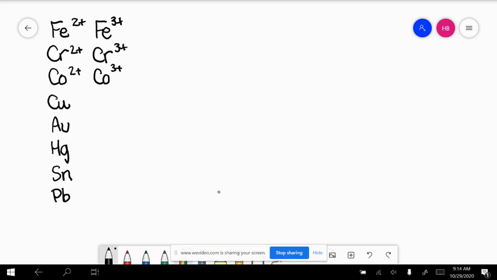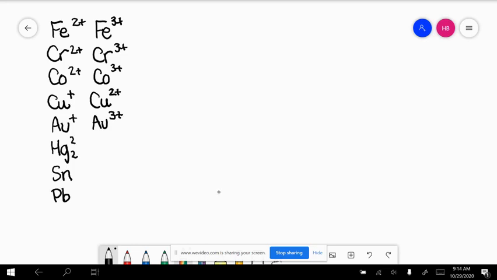Copper is part of the lowest L, meaning that it can have a +1 charge or a +2 charge like the rest of the transition elements. Gold is part of the lowest L, and it is 3 down, so that's going to remind us that we can have +1 or +3.